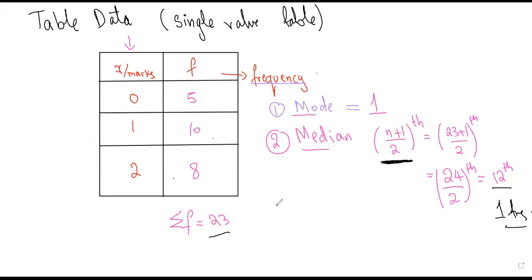And then the third thing is mean. Okay. Now for mean, in the raw data, we were summing all the values and we were dividing that by the number of values you have. Okay. In this scenario, whenever you have the table data, your formula is going to be fixed one. You need to add another column and then do it.